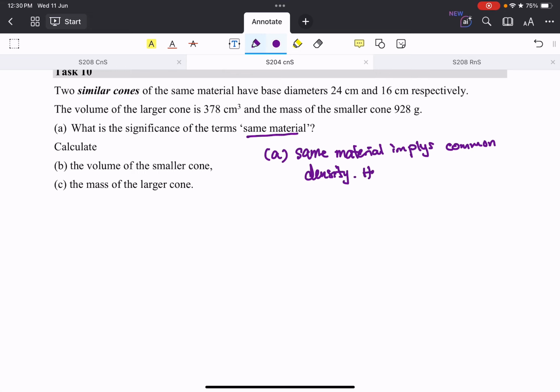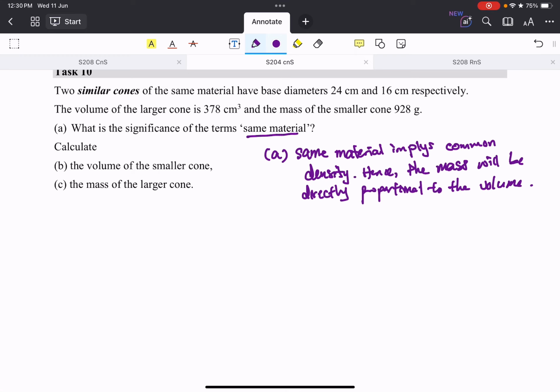Hence, the mass will be directly proportional to the volume. So that's what it means.